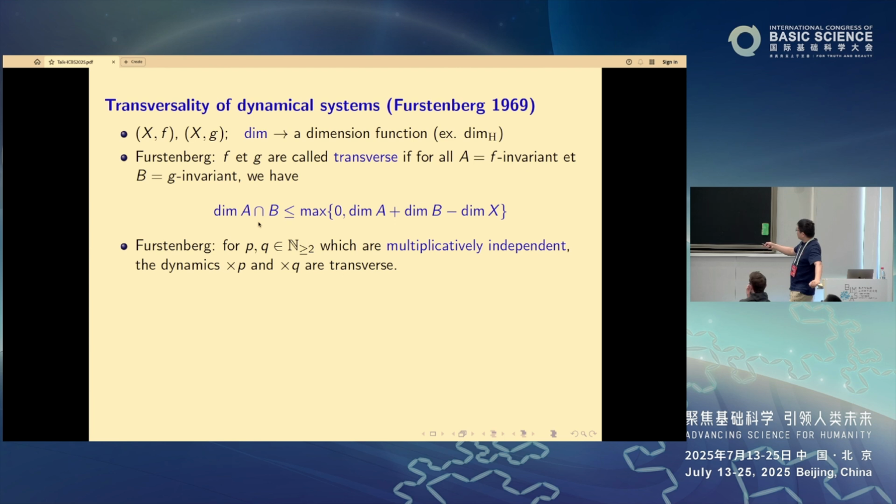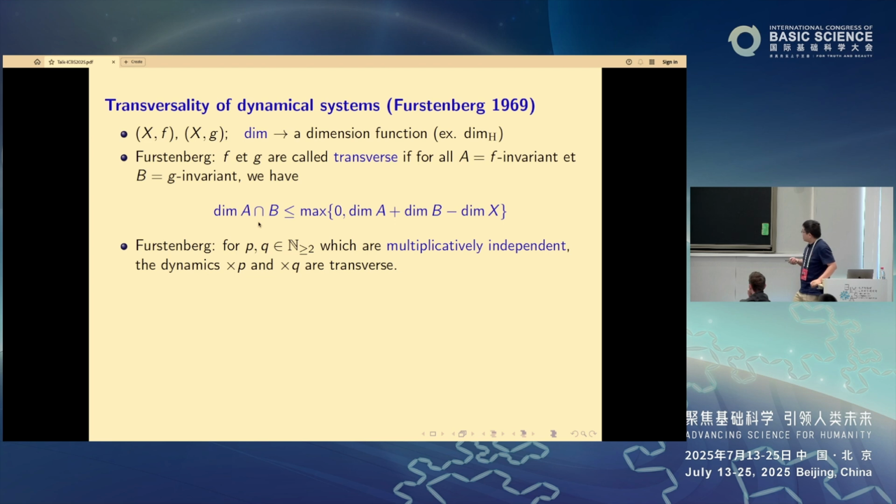If you take two sets A and B and randomly translate and rotate them, then you have this generic bound.